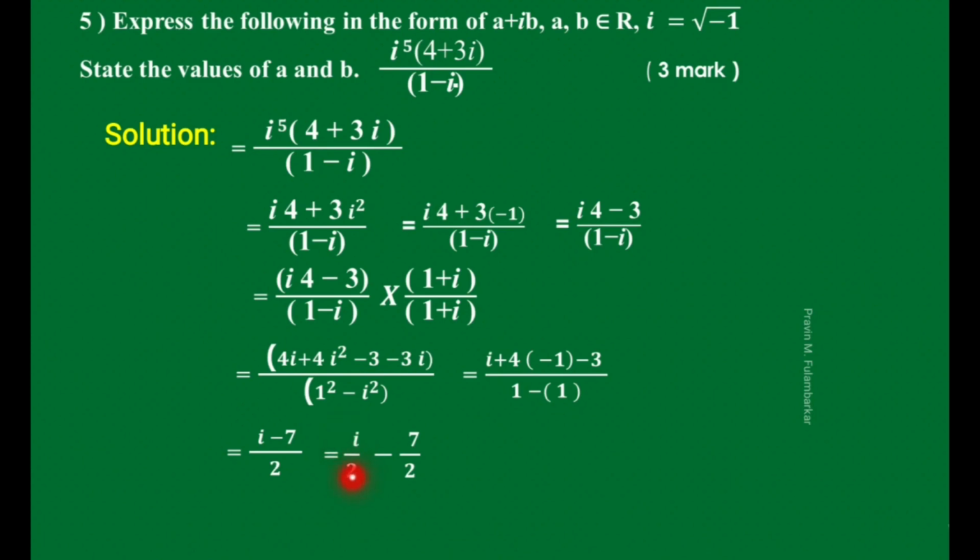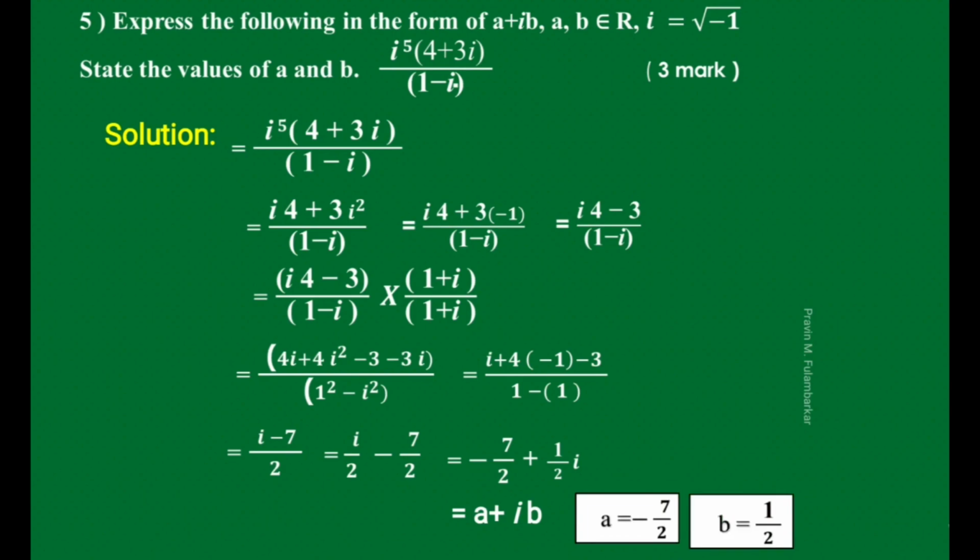So after separating the parts we get i by 2 minus 7 by 2. So we write minus 7 by 2 at first position, i by 2 at second position, for comparing with a plus ib. After comparing, the value of a is minus 7 by 2, the value of b is 1 by 2.